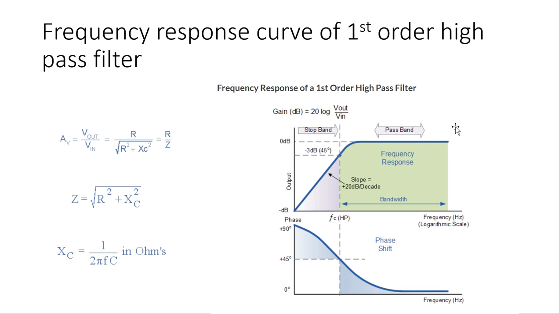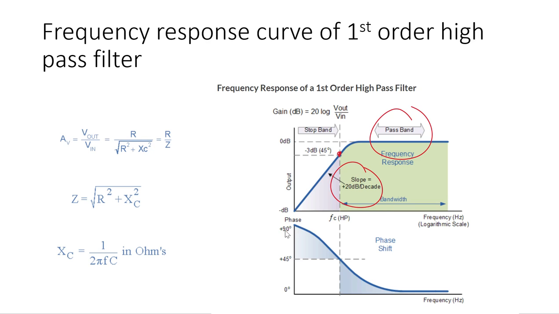If we examine the curve of this response, we will have a 20 dB per decade increase till we reach this minus 3 dB, 45 degree point, and after that we will have our pass band. The pass band is for higher frequency. At low frequency the capacitor is working, and at higher frequency the capacitor is short, it is not working.